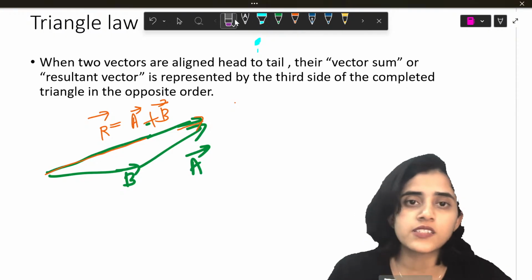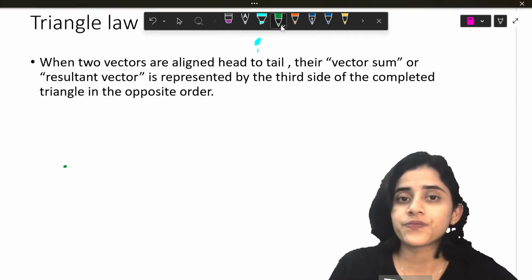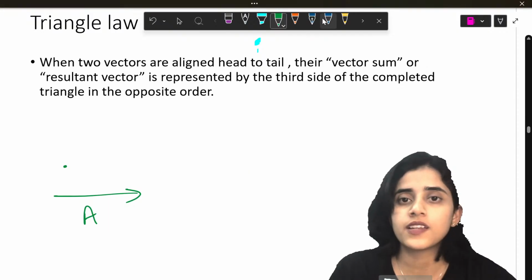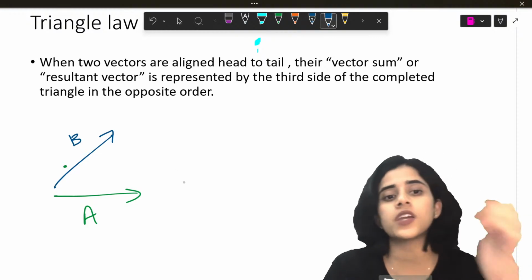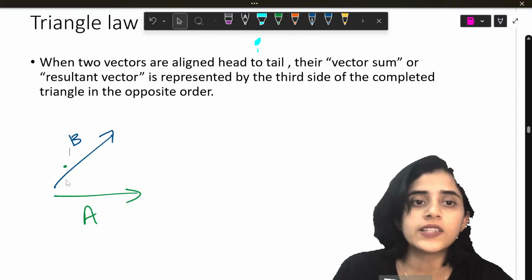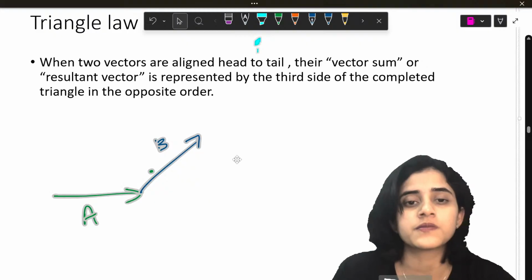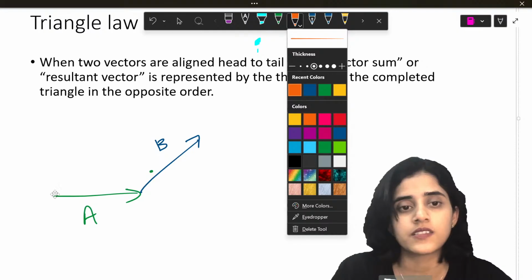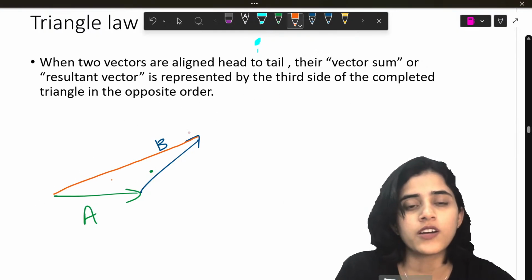Did you understand what I just did? I will do that once again. There is one vector A. I will use different colors. There is another vector B. And I need to get A plus B. So what I will do is, I will take B and put it here, and I will draw a resultant.